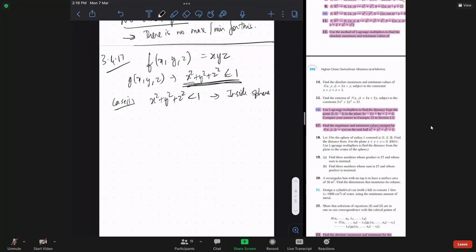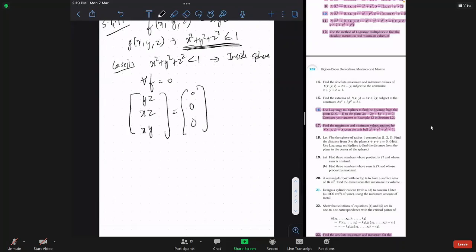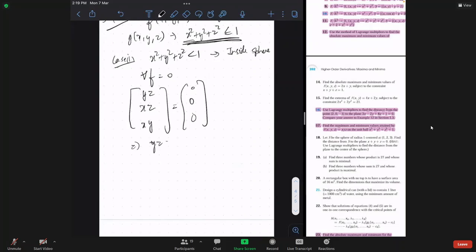In this case, what I try to do is equate the gradient of the function to 0. So let's see what is the gradient of f. Gradient of f will be yz, xz, and xy. I equate it to 0, which is a zero vector. So I get yz equal to 0, xz equal to 0, and xy equal to 0.